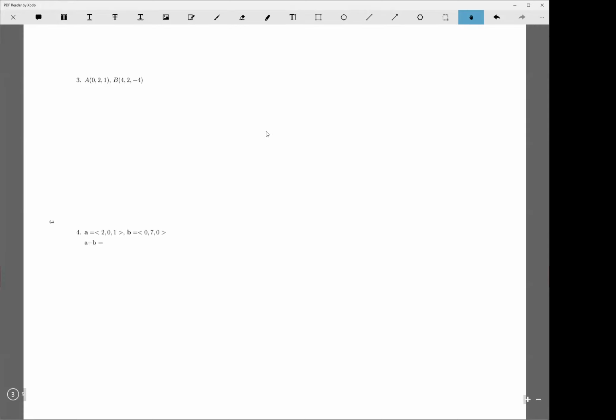Okay, for number 3, what they're saying is that the vector A is the directed line segment. So A is the line segment from A to B. Okay, so when you do that one, what you want to do is take the B components and subtract the A components from it.